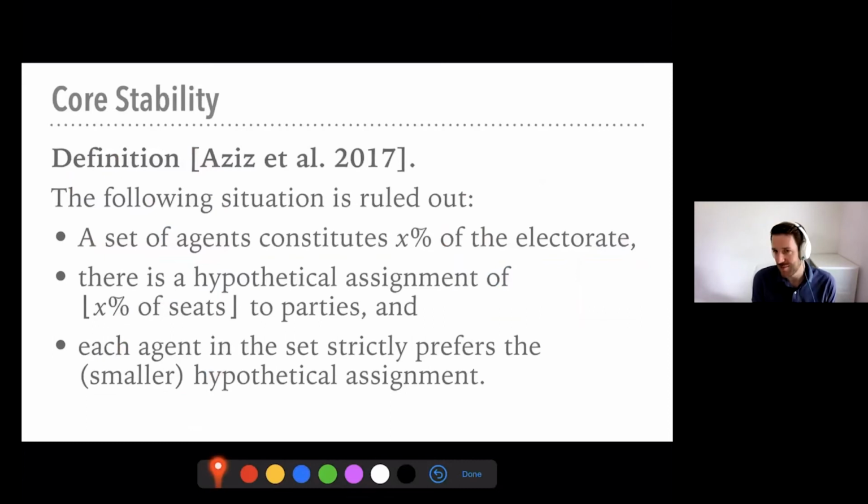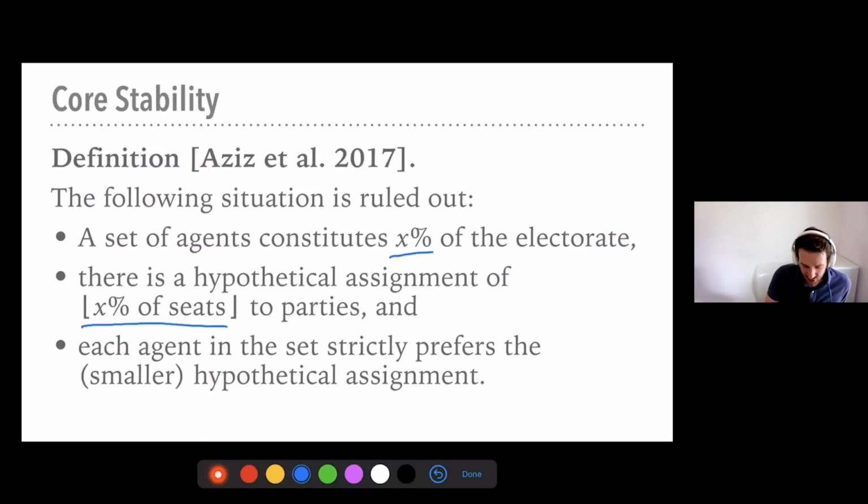This is basically an adaptation of the standard notion of core stability that I'm sure most of you are familiar with, but let me spell out what it means in our setting. It means that it should not be the case that we find a set of agents which constitutes X% of the electorate. Remember, if you're X% of the electorate, then you deserve to be represented by that many seats, X% of the seats rounded down.